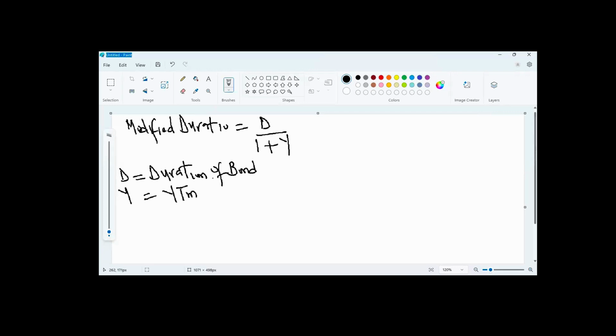We have calculated the YTM of this bond to be 6.83%. So we need to calculate the duration. Before you can compute modified duration, you must compute your duration first.